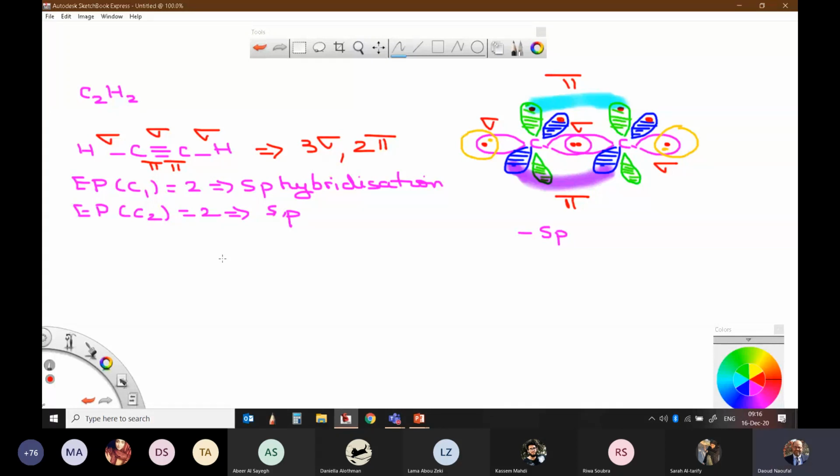Any dash is a sigma bond. So in this figure, we have a dash between H and C, so this is a sigma. We have another dash between C and H, this is another sigma. And now the rule: in the double bond, one is sigma, one is pi. And in the triple bond, one is sigma, and the two others are pi bonds. So you can find directly the number of sigma and pi bonds in a molecule.